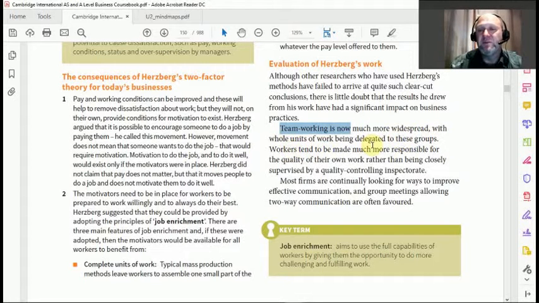Workers tend to be much more responsible for the quality of their work rather than being closely supervised by quality control inspectorates. Most firms are continually looking for ways to improve effective communication and group meetings, allowing two-way communications wherever possible.